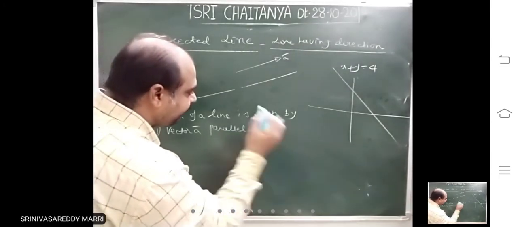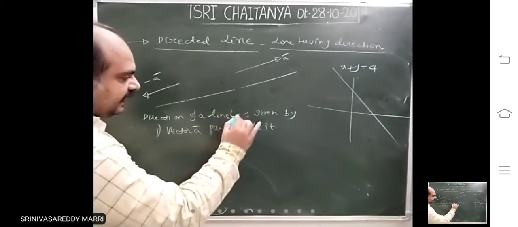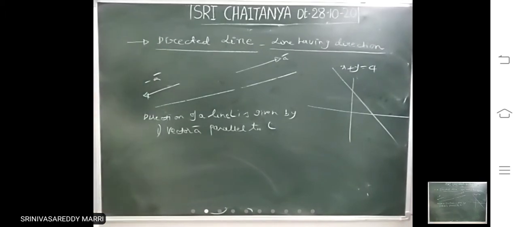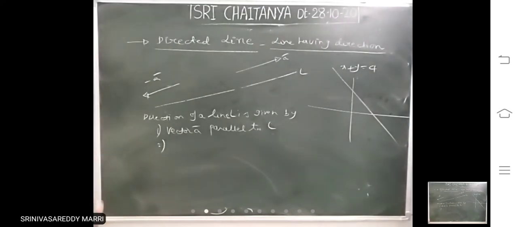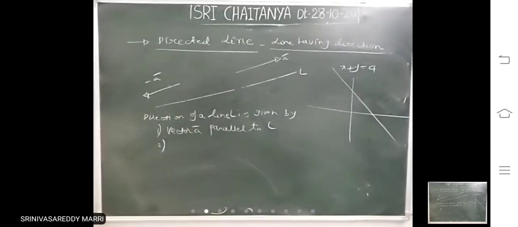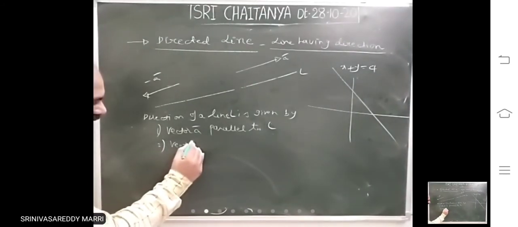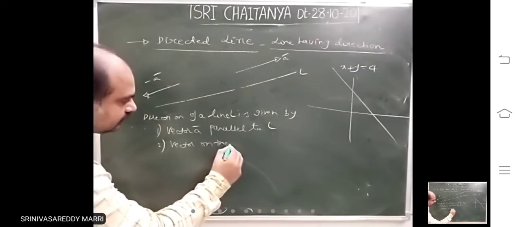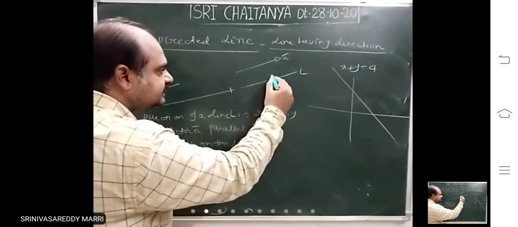Direction you have to find means you have to find a vector parallel to line L. This is line L, right? Parallel to L, vector A bar, you will find out that vector. What is the direction of L means a vector on the line also. Suppose A bar is like this, just as you have drawn.